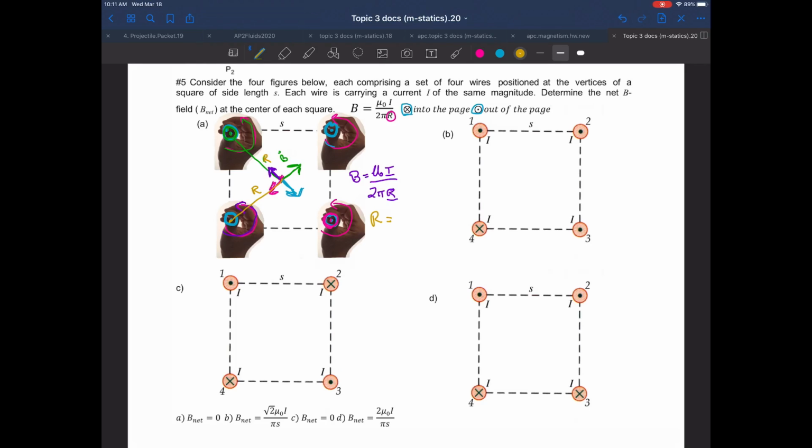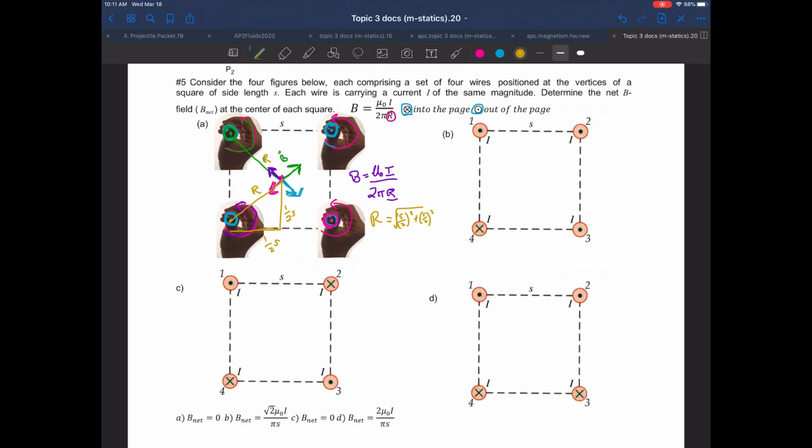R is going to be part of a triangle that we can find here. This is half S, and this is half S. So when we want to find the hypotenuse, we can just do the square root of S over 2 squared plus S over 2 squared. And that can give us our R.